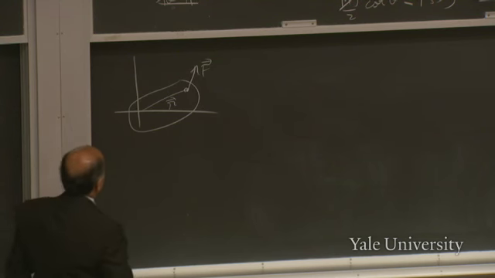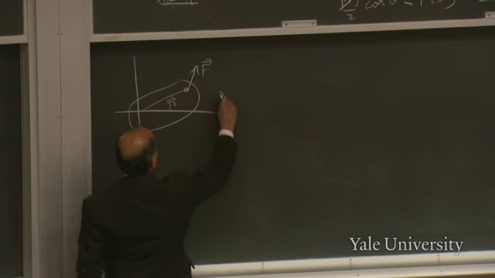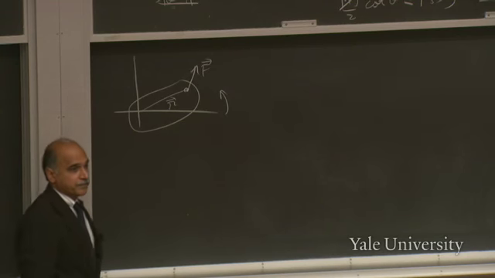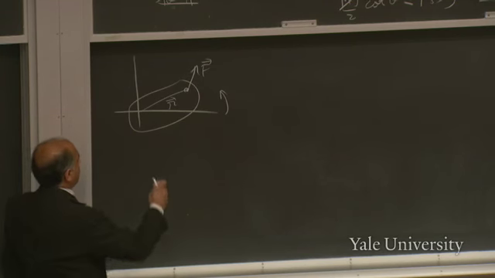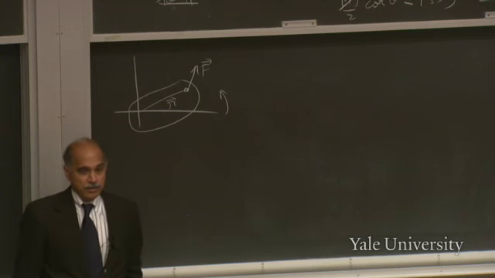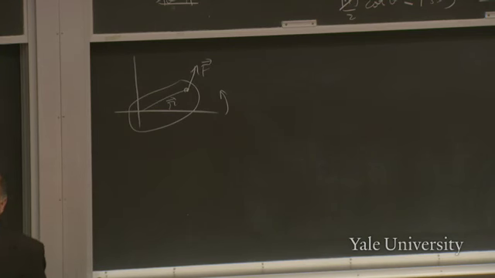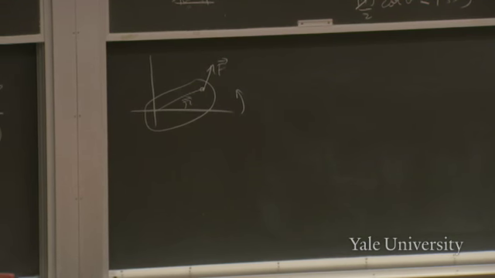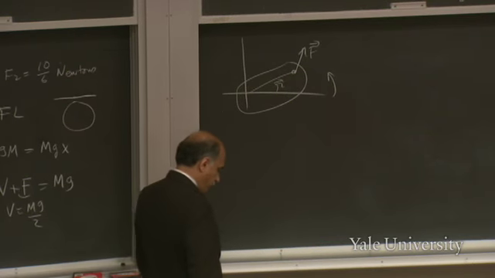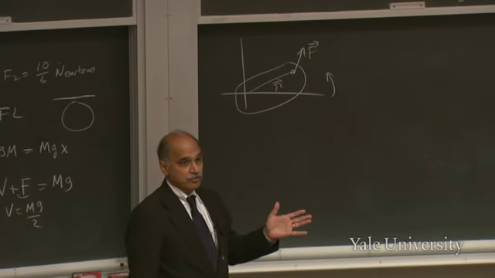We know that the torque, in this case, is going to rotate it in a counterclockwise direction. If the forces are opposite, it will rotate in the clockwise direction. So whenever I did a torque calculation, the torque was either plus something or minus something. Plus meant counterclockwise, minus meant clockwise.